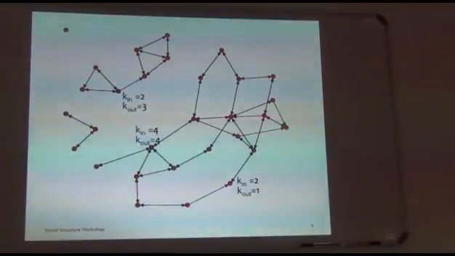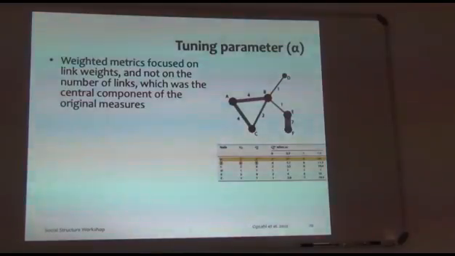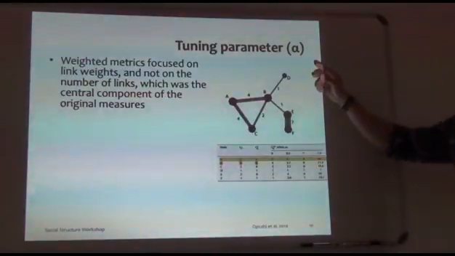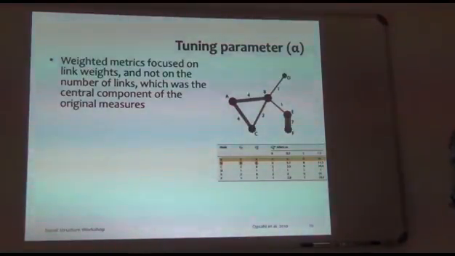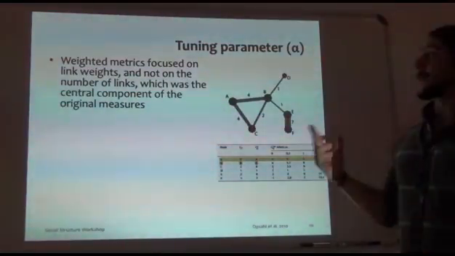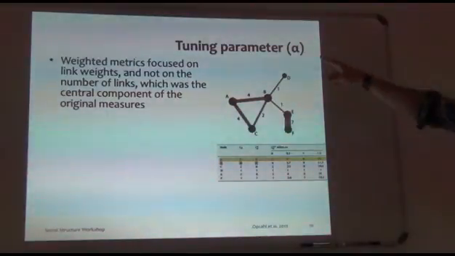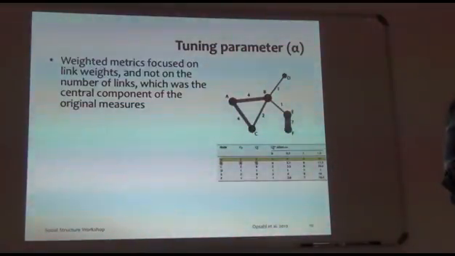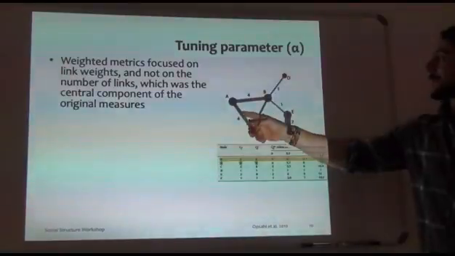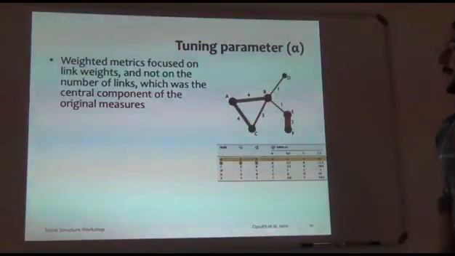Recently, in 2010, these guys here proposed a tuning parameter for the weighted versions of all these centrality measures we're going to see, which they call alpha. All of the basic centrality metrics are based on the number of links, right?